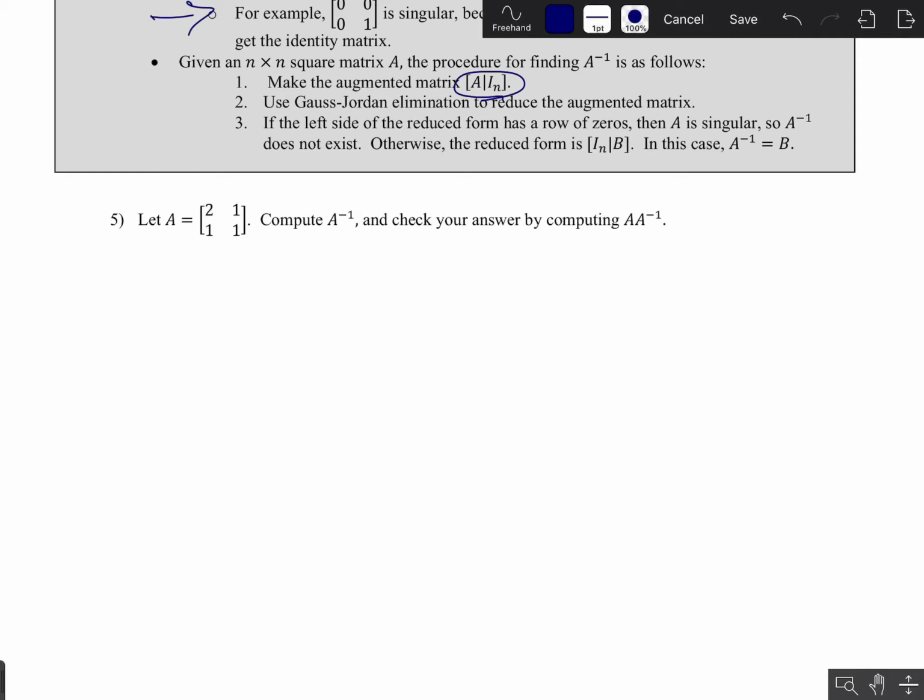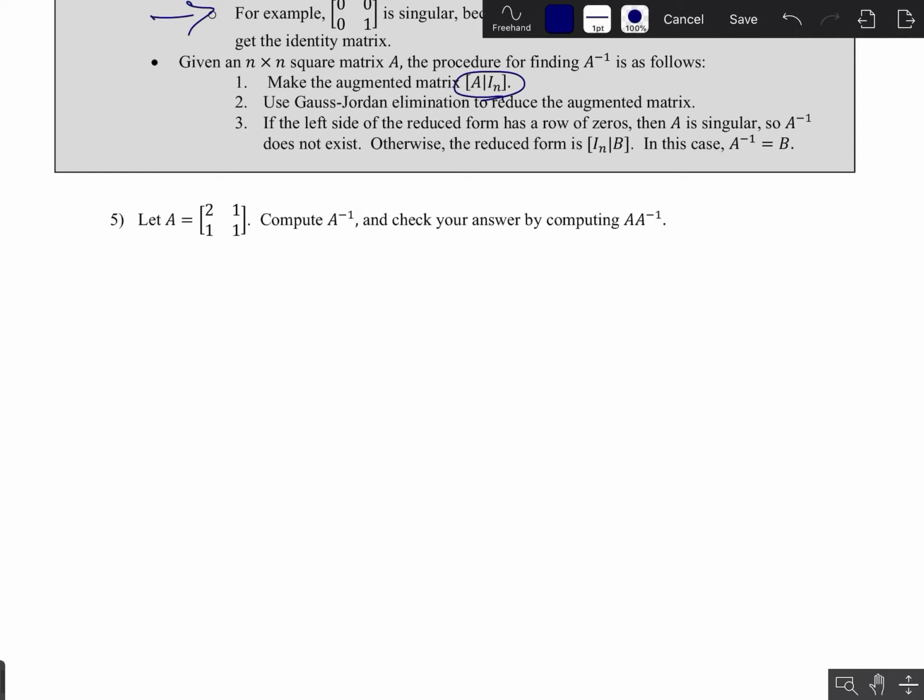matrix. So notice this is a little bit different from what we did in Gauss-Jordan elimination. Here, on the right side of this vertical bar, we're going to have the entire square identity matrix, not just a single column. Okay, and then what we'll do is the ordinary Gauss-Jordan elimination to reduce the augmented matrix.